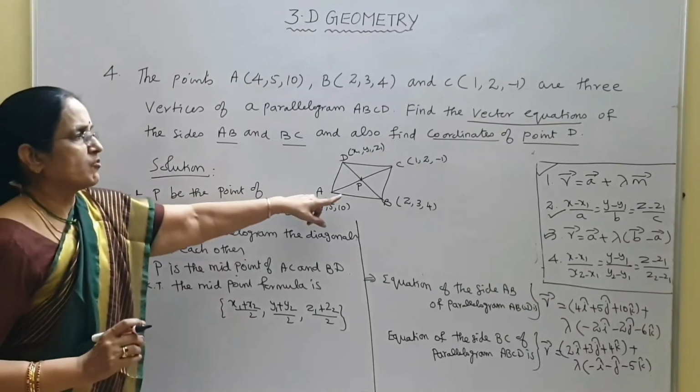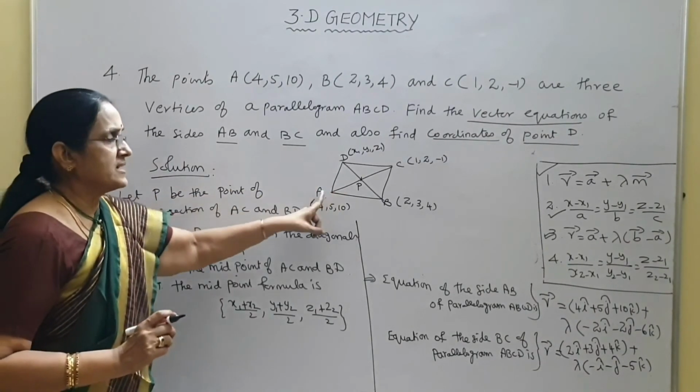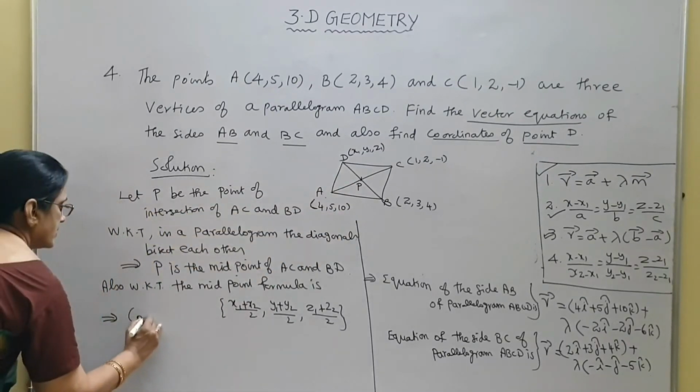Okay, implies, let me write the coordinates of P for both the diagonals AC and BD.